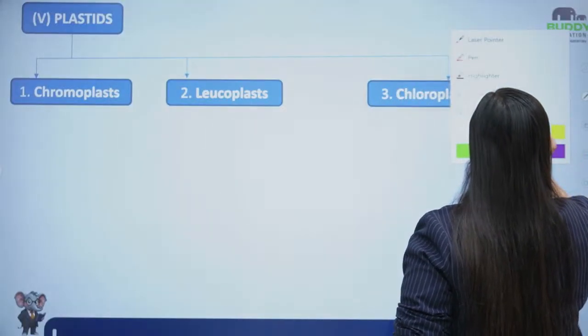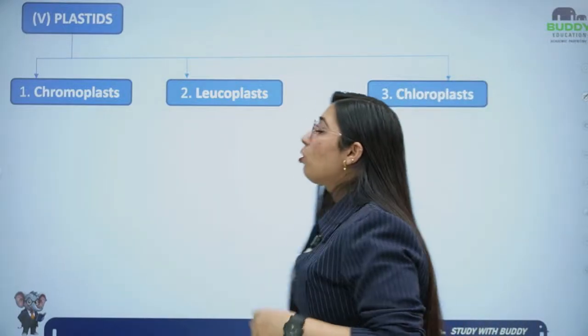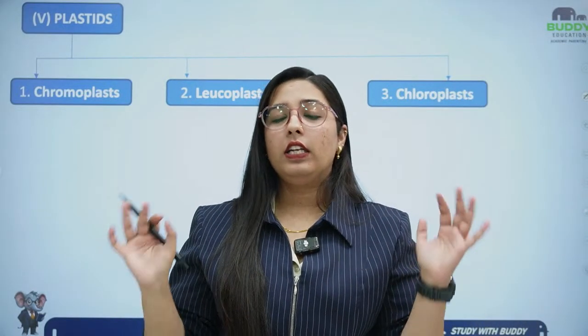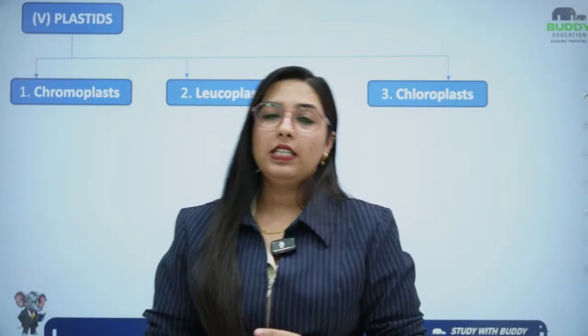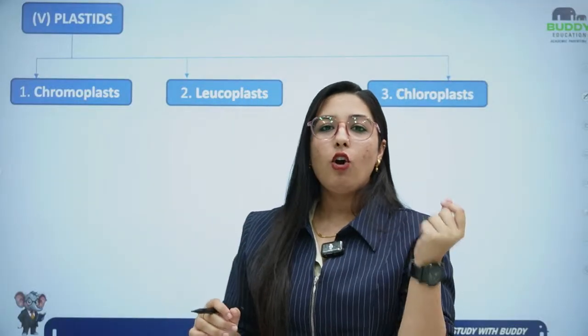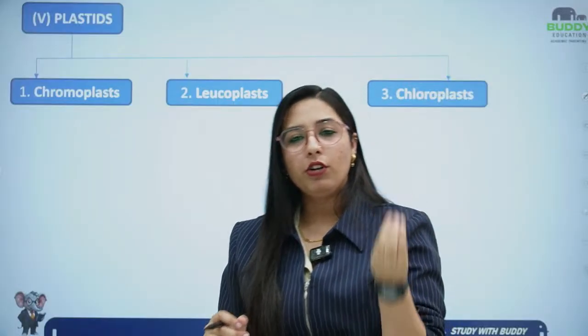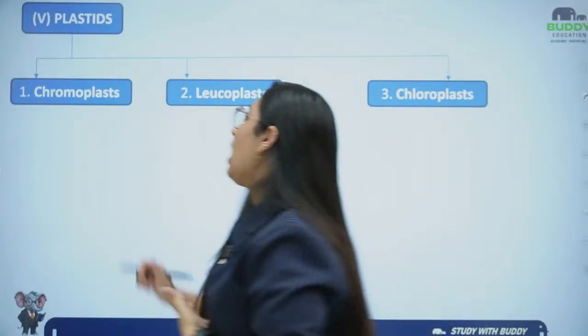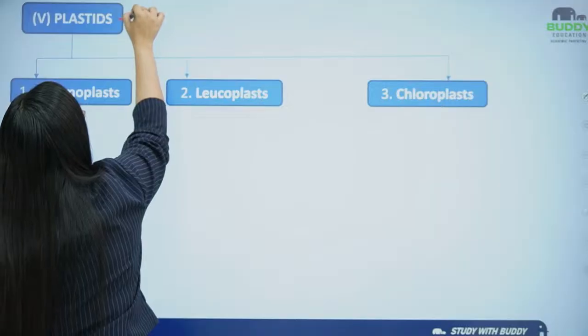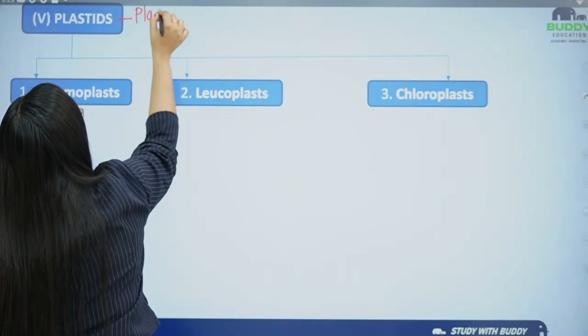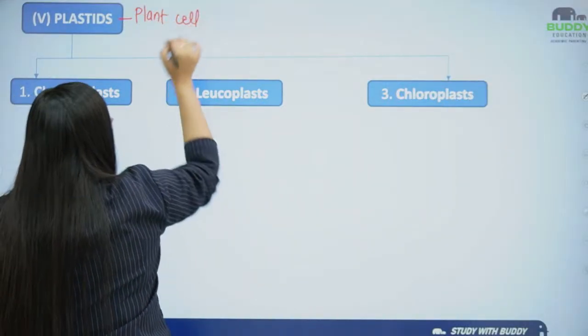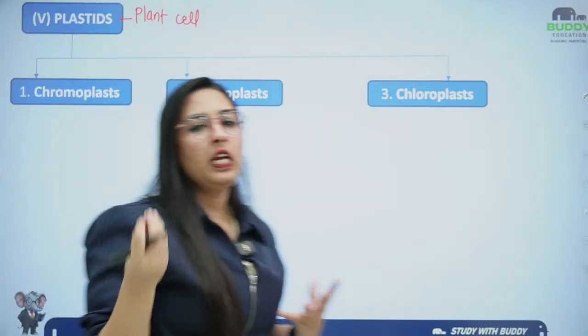The next cell organelle which we have to study is plastid. Plastids are not present in all types of cell. Plastids are basically present where autotrophic nutrition is going on. So plastids are mostly present in plant cells. We can see plastids in plant cells.